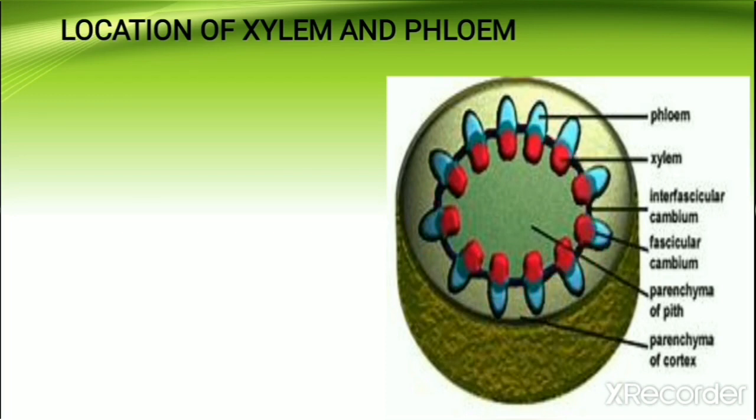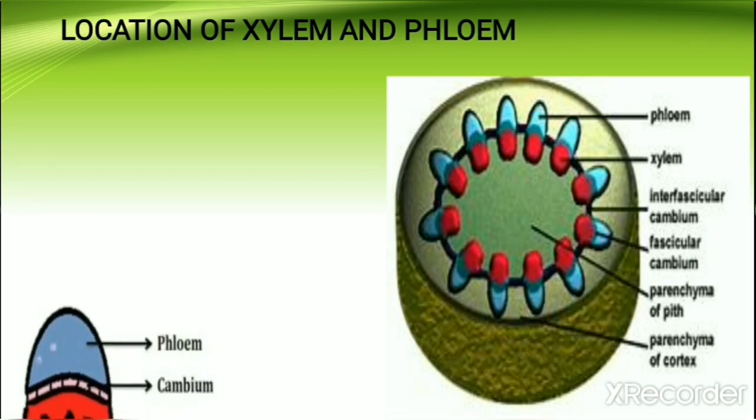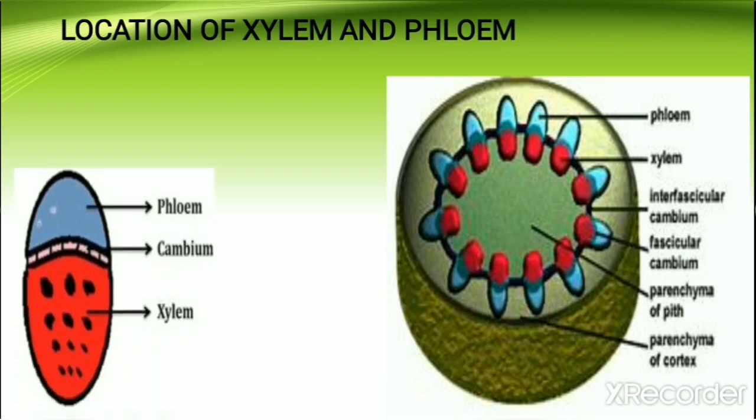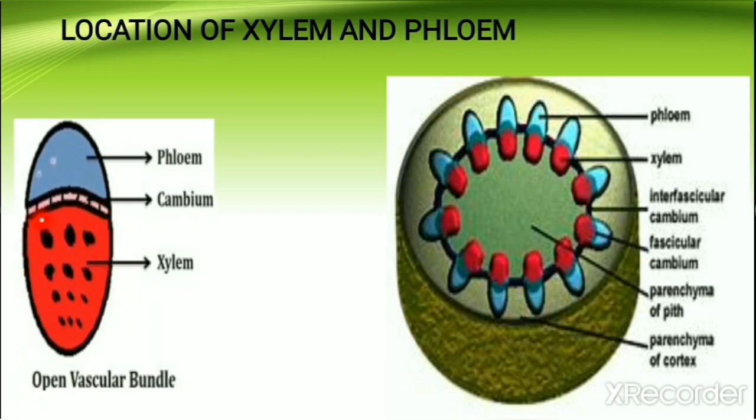That is our lateral meristematic tissue, which has actively dividing cells, and they continuously divide and increase the number of xylem and phloem tissues. So we can see here that one vascular bundle is constituted of xylem towards the inner side and phloem towards the outer side, and in between the xylem and phloem of each vascular bundle there is the lateral meristematic tissue called cambium.